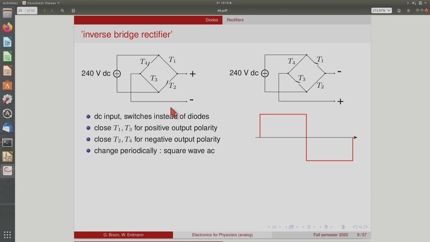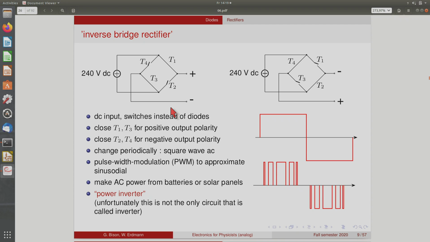And you can make it look more like a sine wave if you use so-called pulse width modulation. So if you don't simply turn these switches on and off, but you switch them on for a certain amount of time, and you make this time shorter when you want the output to be lower, and longer when you want it to be higher, and then you smooth this with the capacitor, then you can get a pretty nice sine wave.